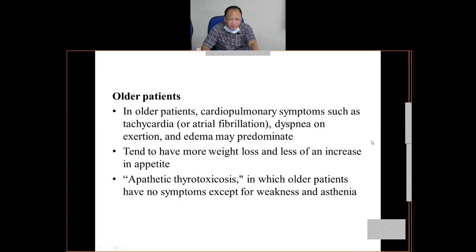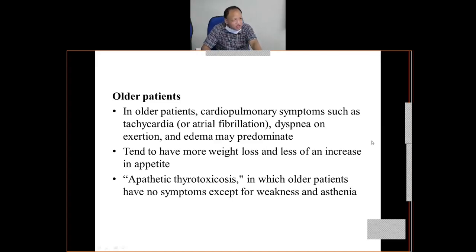Older patients usually come with cardiopulmonary symptoms like tachycardia, which is the most common one, where you can have sinus tachycardia or atrial fibrillation. Dyspnea on exertion and edema may predominate in older individuals. And older individuals tend to have more weight loss and less of an increase in appetite.